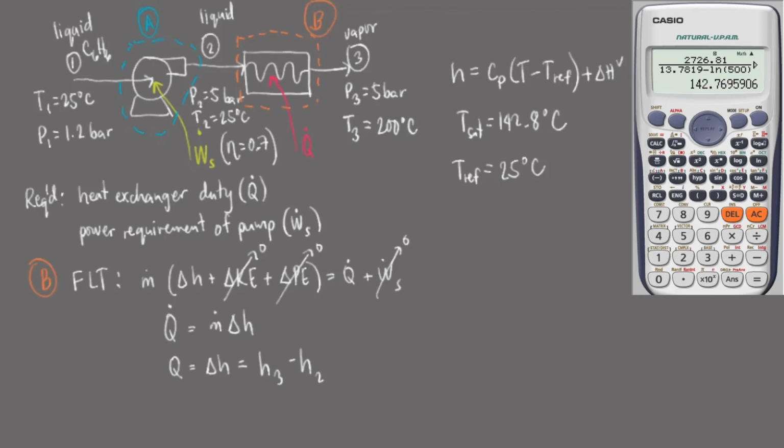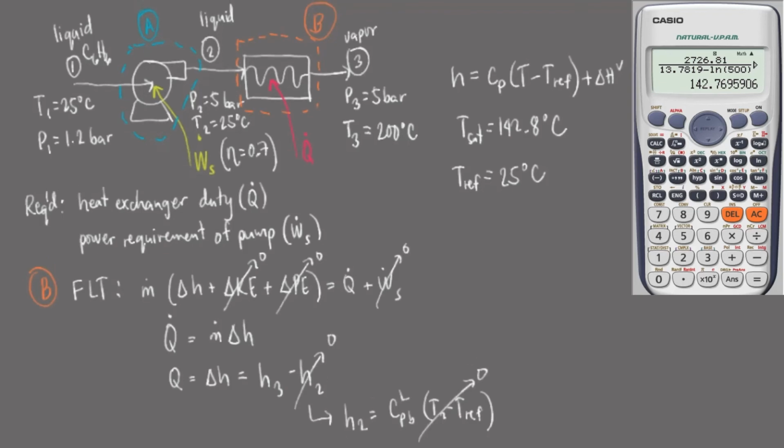By setting our reference temperature to 25 degrees Celsius, we can already cancel the value of H2. That is because H2 will be equal to the heat capacity of liquid benzene multiplied by T2 minus the reference temperature. Since the reference temperature is equal to the temperature of stream 2, this will be 0. Therefore, enthalpy 2 is 0.